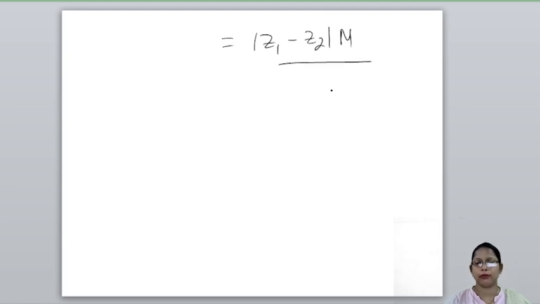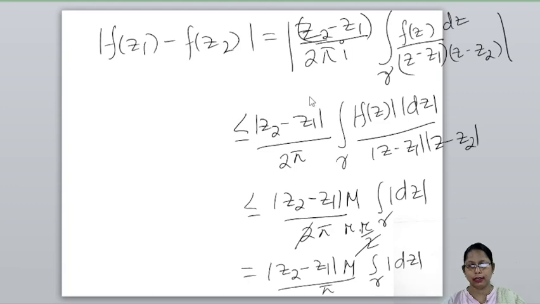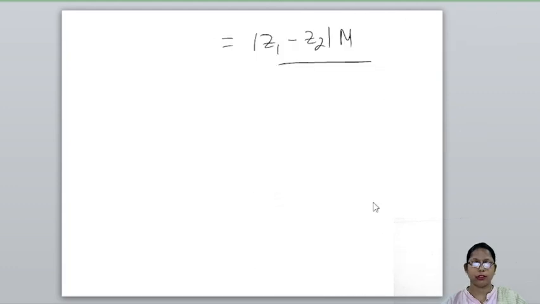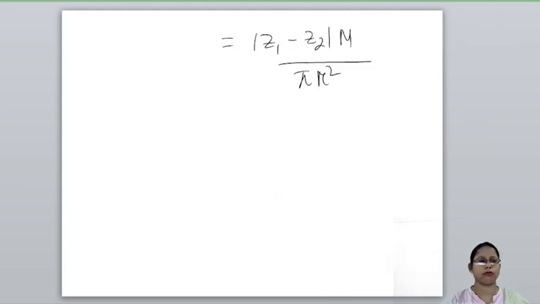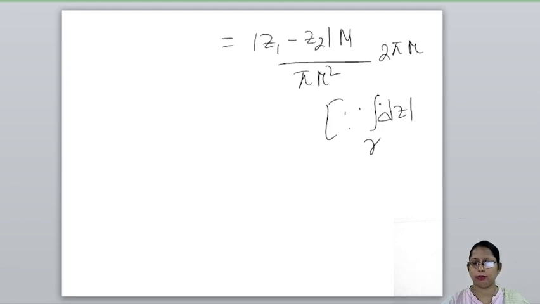M divided by pi r squared. Here it is r squared, divided by pi r squared. Since the integral of |dz| is 2 pi r, r cancels out, pi cancels out.